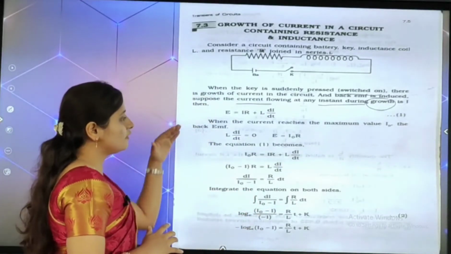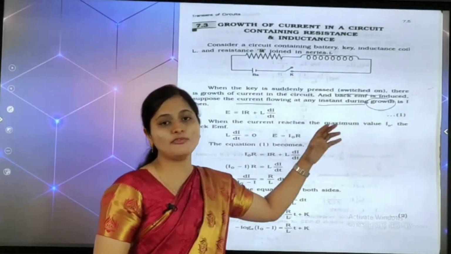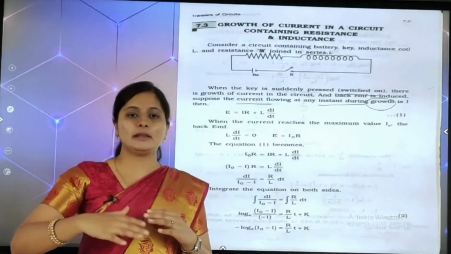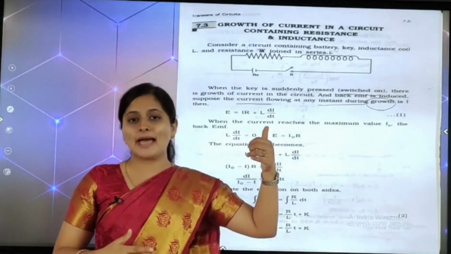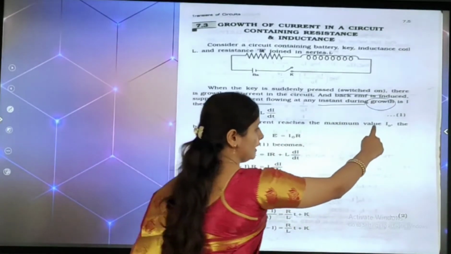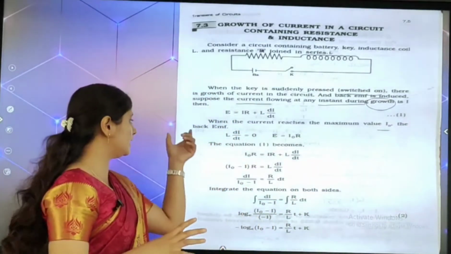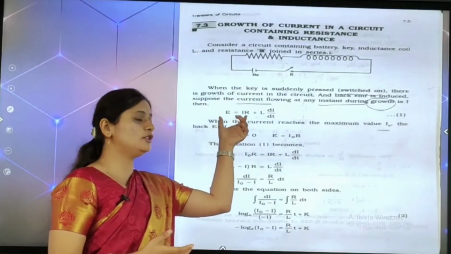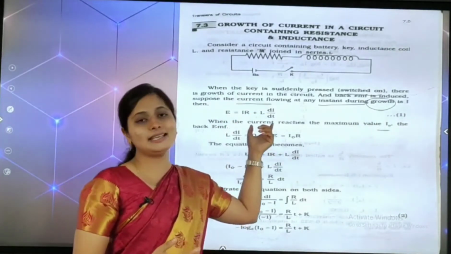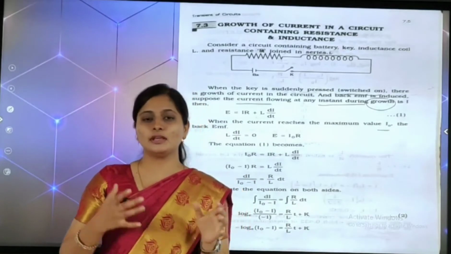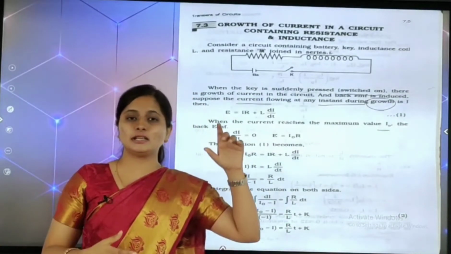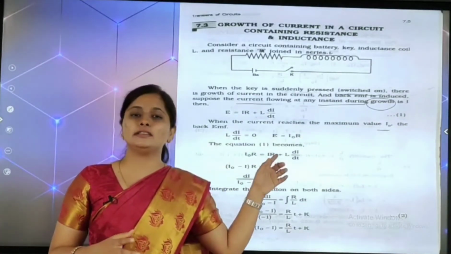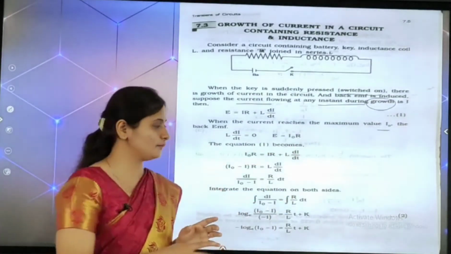Next here, when the current reaches the maximum value I naught, the back EMF. So the current grows and reaches one maximum value, that is I naught. At that time the back EMF L into di by dt is equal to 0 and E is equal to I naught into R. Means when the current reaches the maximum value I naught, the back EMF is zero and we can write E is equal to I naught into R. Okay.